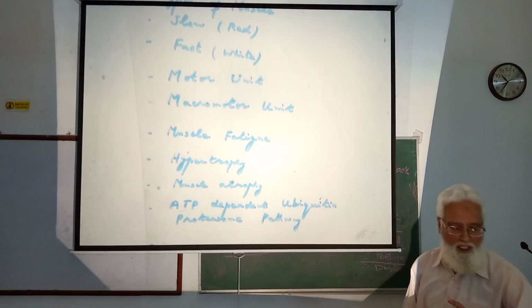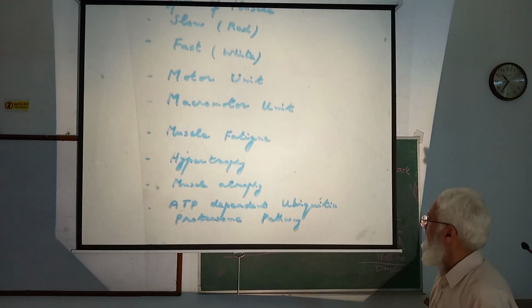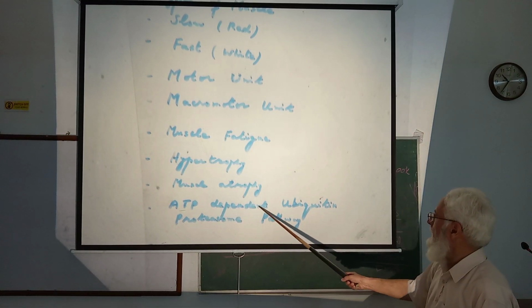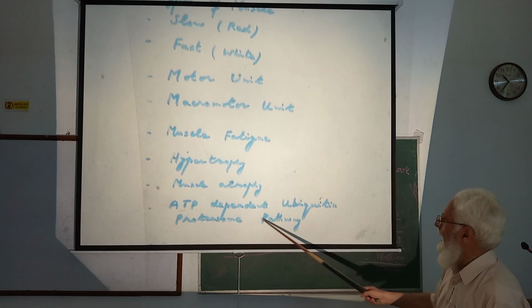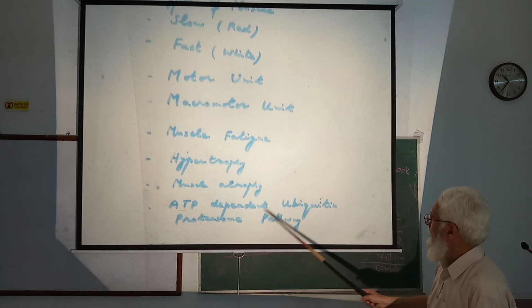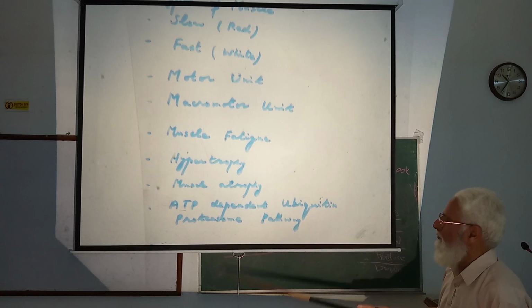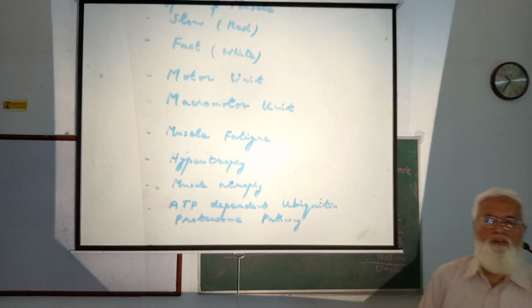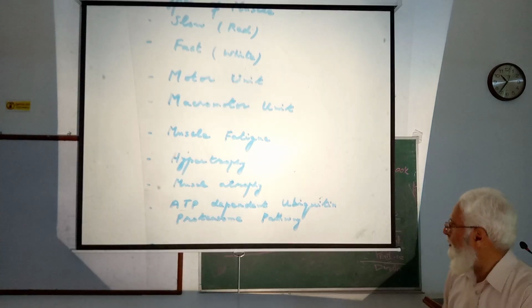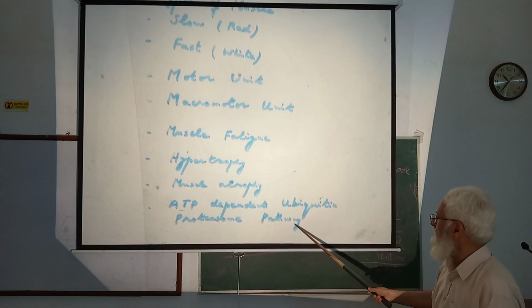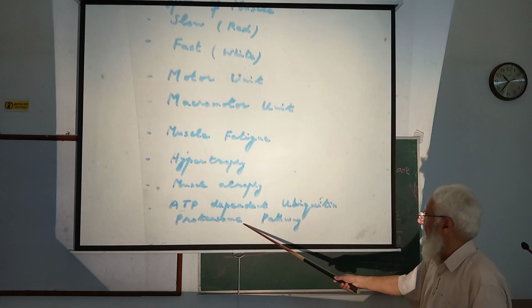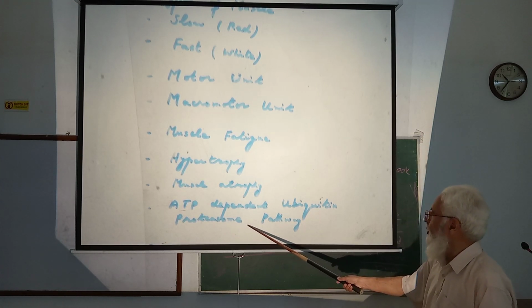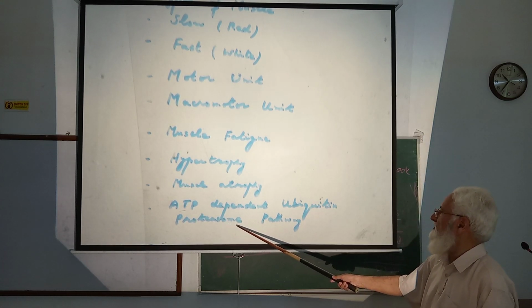The ATP dependent ubiquitin proteasome pathway is involved in disuse muscle atrophy. Proteasome is a large protein which causes proteolysis.